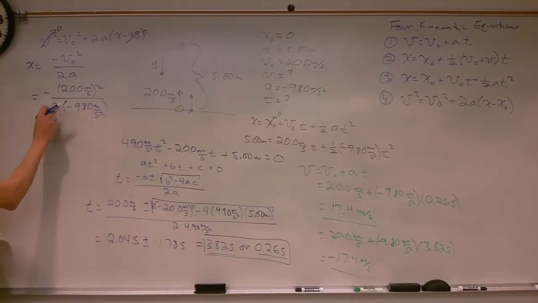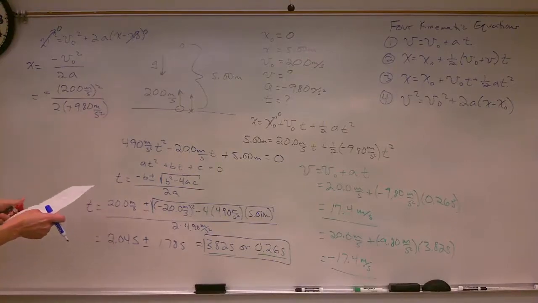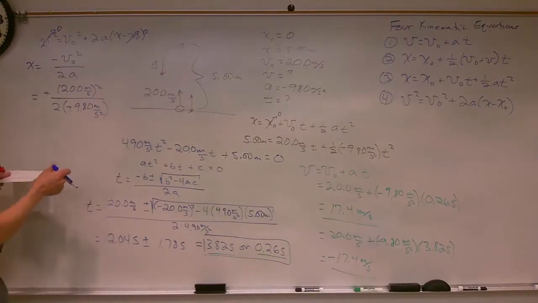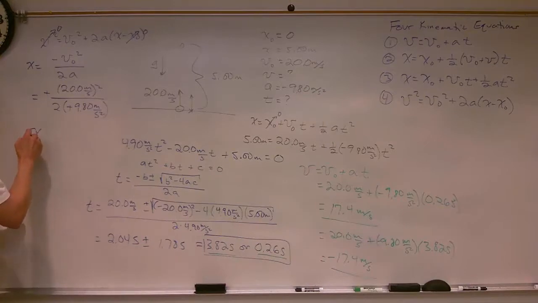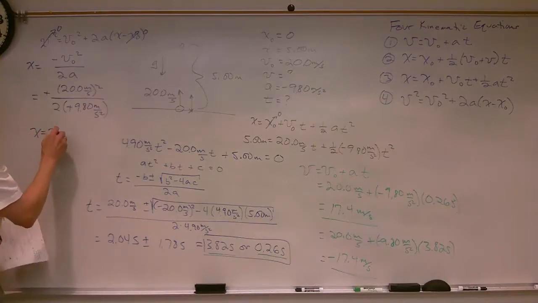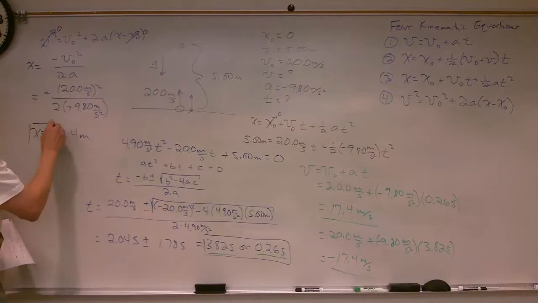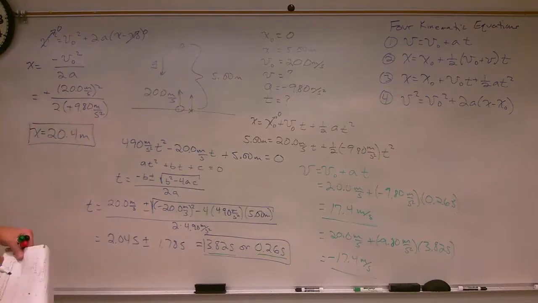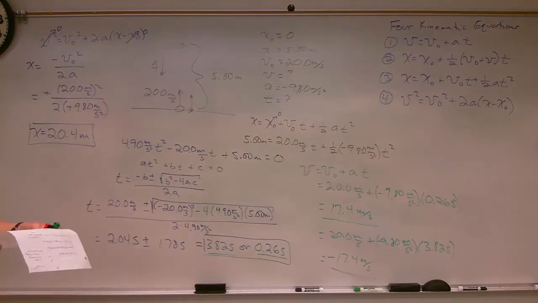Notice we have a negative and a negative, which cancel, giving rise to a positive value for x, which is what we would expect, a positive value for the final position. Put these numbers in, and what do we find? x is equal to 20.4 meters. There we go. So we figure out just exactly how high the ball will go before coming to rest.